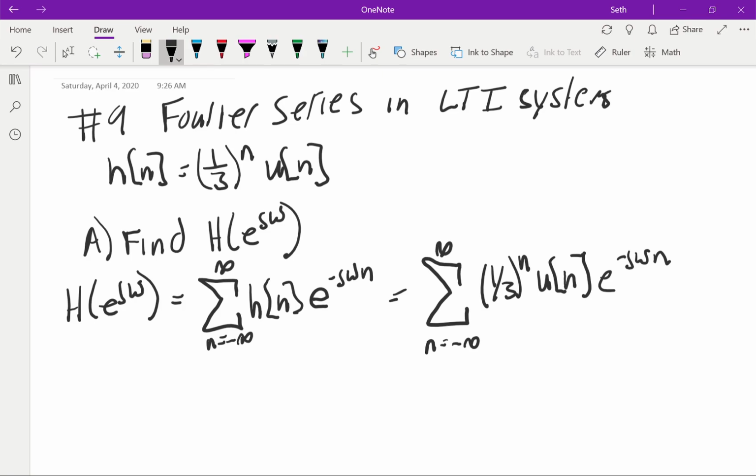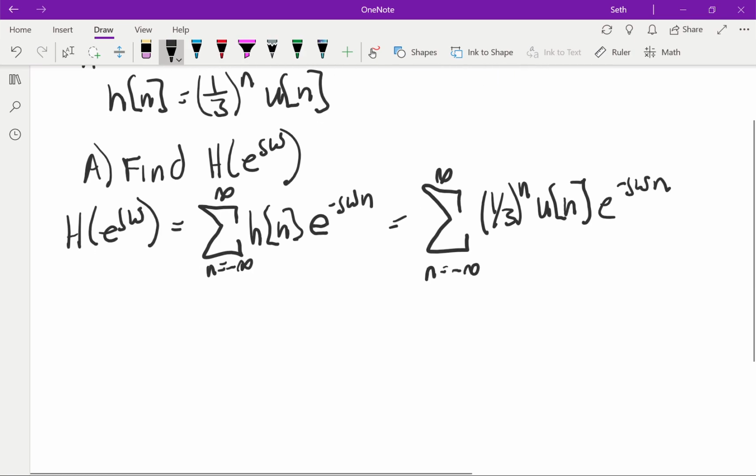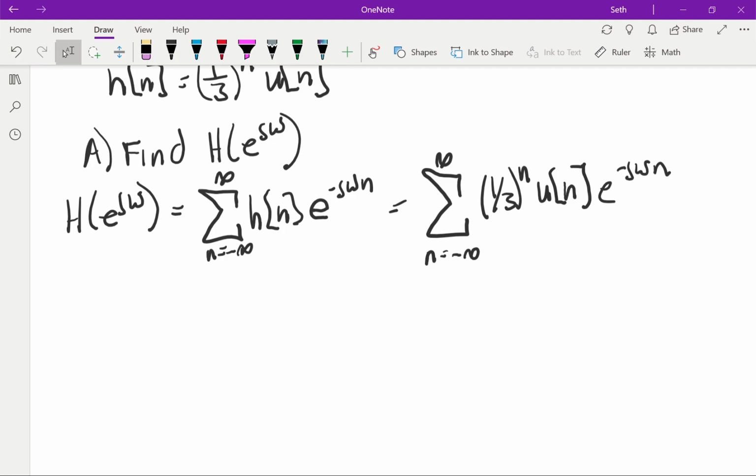So we have the unit step here. The unit step is only non-zero for values of n greater than or equal to 0. So for n values less than 0, that summation is equal to 0.